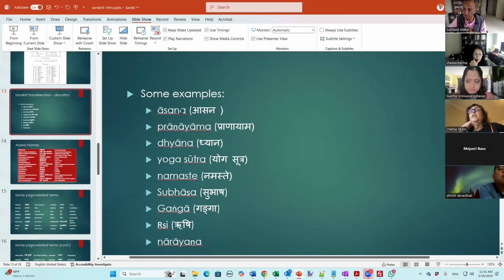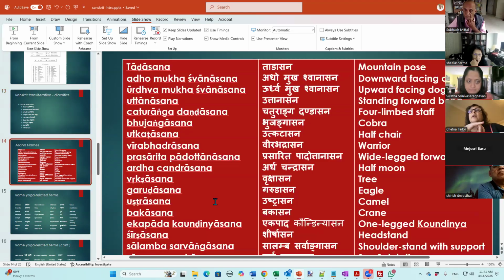Correct. I understood this part, but going back to the next one, we are saying Uttanasana. So why is there no bar at the very end? No, it's Uttanasana. It's not asana.